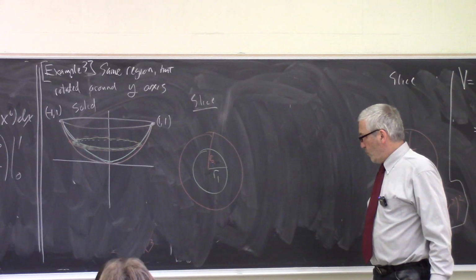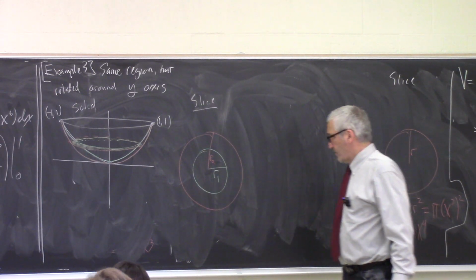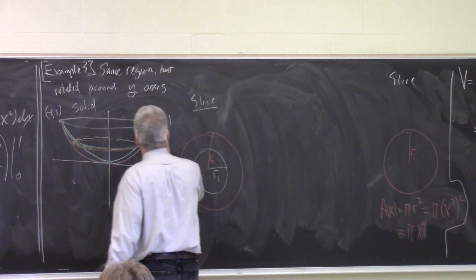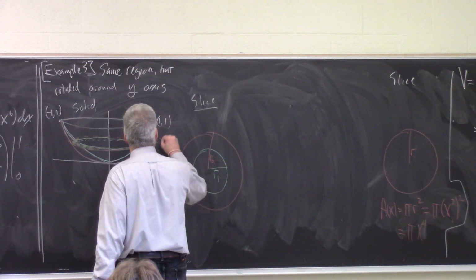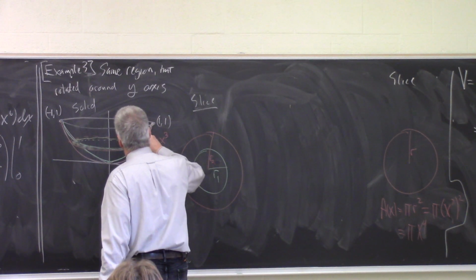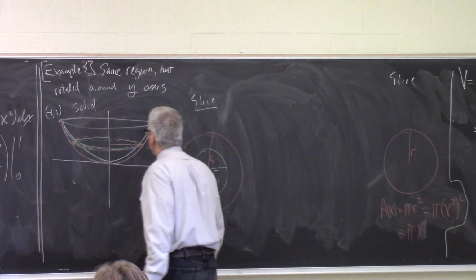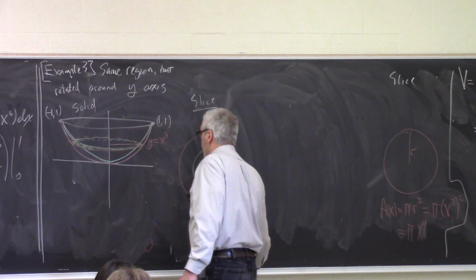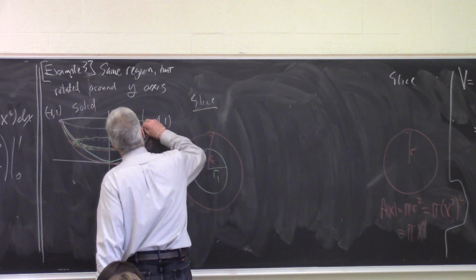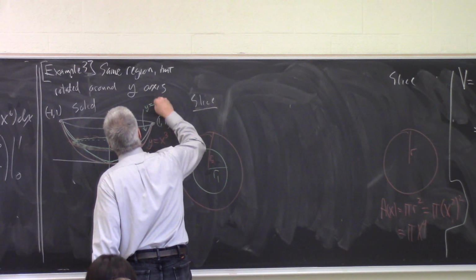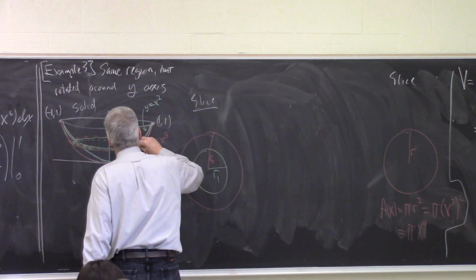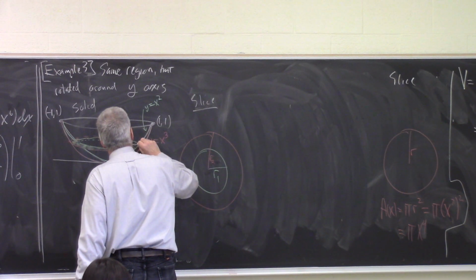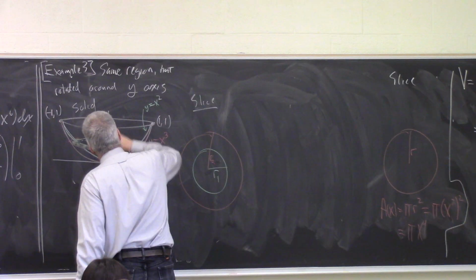So where did those come from? Well, go back to this drawing. This is y equals x cubed. So there's that outer radius. And then this green graph is y equals x squared. And so that green radius is there.